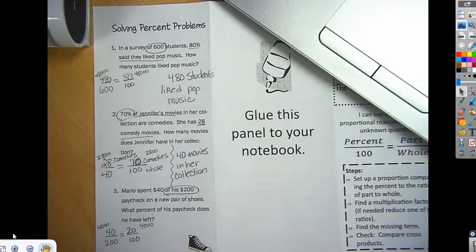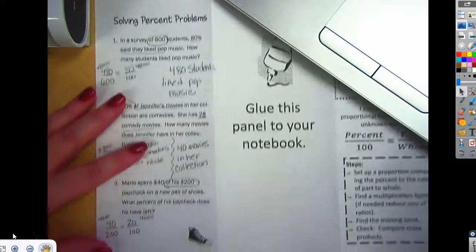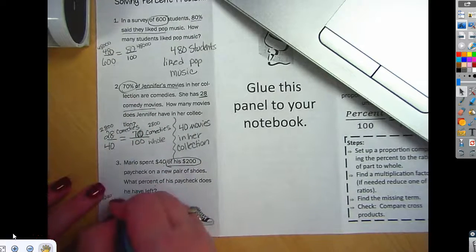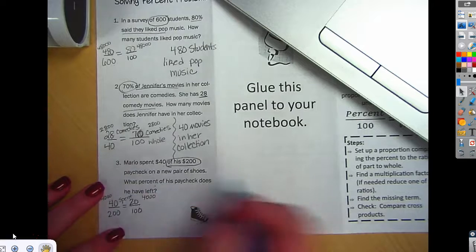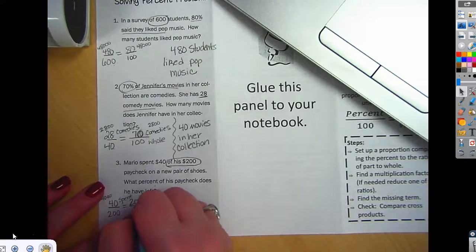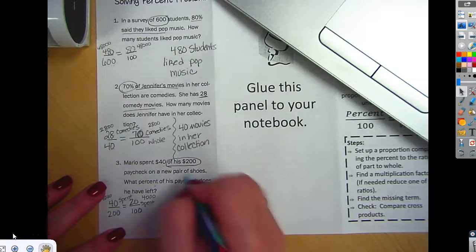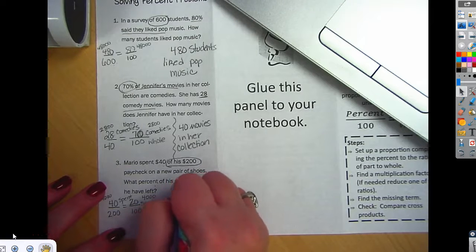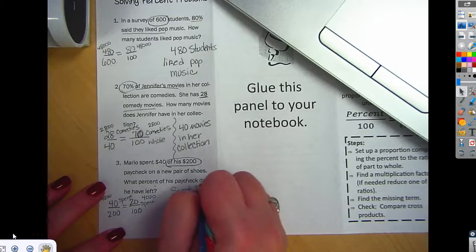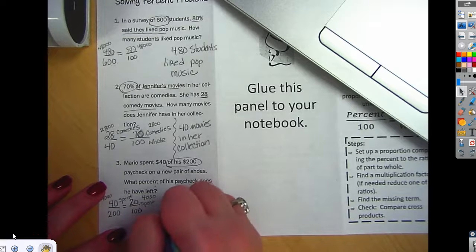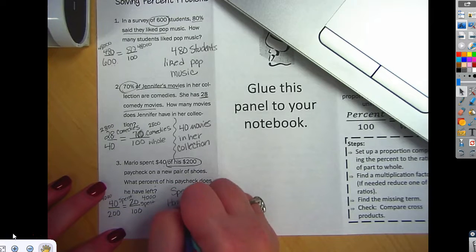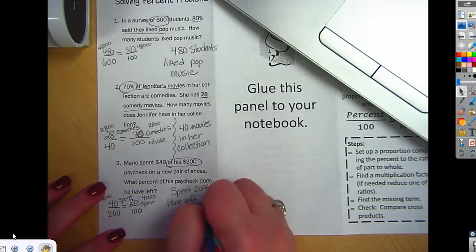Let's think about it, though. We've got to think about our answer. He spent $40. So he spent 20%. So if he spent 20%, how much does he have left? 80%.